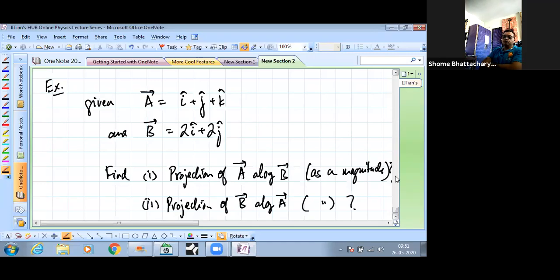That's the thing, we don't know theta, but we know how to calculate the dot product. So how will we do it here? We'll find it from the formula. What is the projection of A along B? By the formula, it is A dot B divided by mod B. So we can find A dot B, no? We can find mod B, no? Like that.